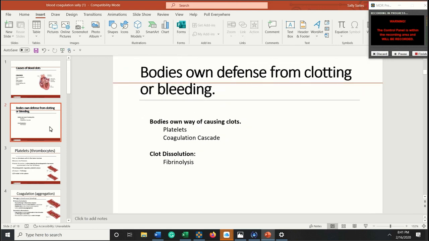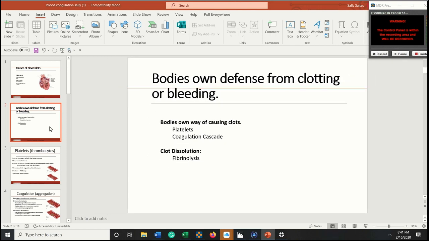We do have our body's own defense system to either clot and to dissolve a clot. So our own body has platelets, which are great because it stops us from bleeding. It clots right away. It's a very fast process. And then we have our coagulation cascade, which coagulates our blood, which also stops bleeding from occurring.